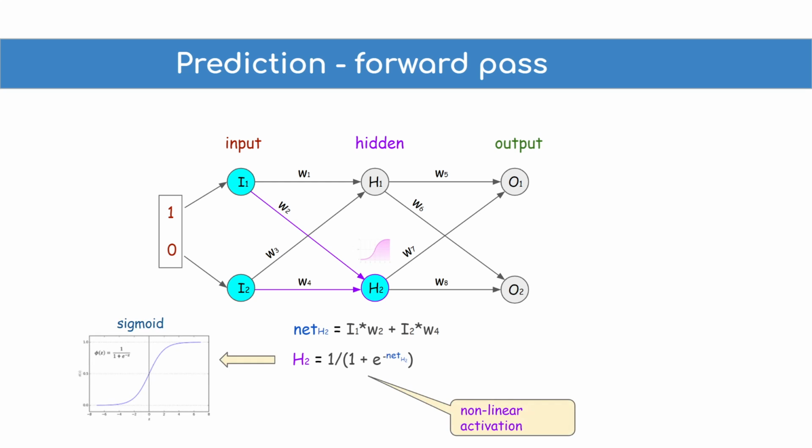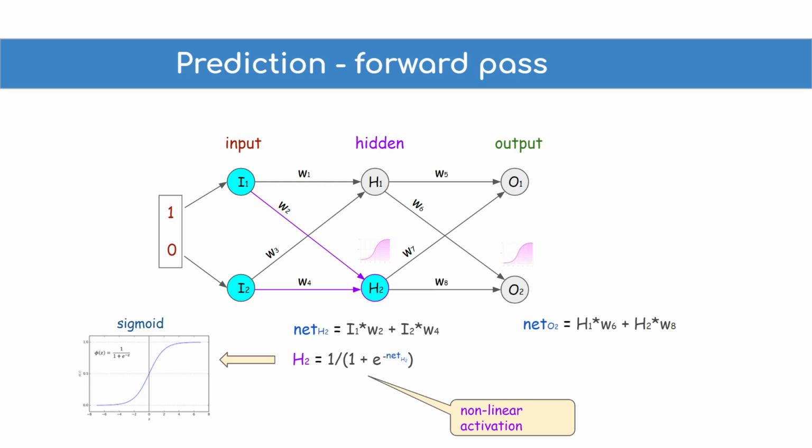Here is the chart showing what the sigmoid function looks like. As you can see, there is some space between -4 and 4 where we have non-linearity, and this is the area we are trying to stay in during the learning process. This is also applied to the output neurons.